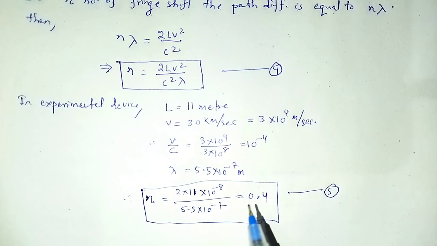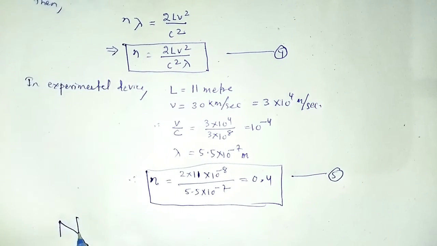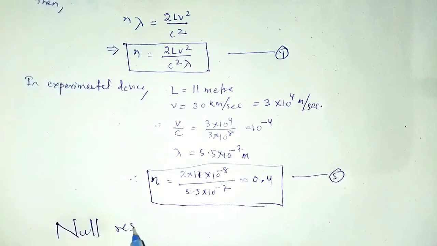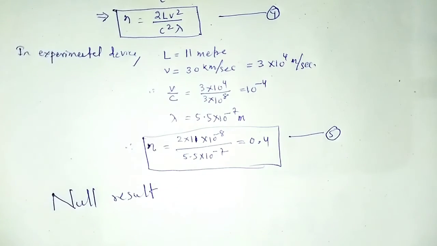But no fringe shift was observed, since the experiment was performed by day and night, from season to season throughout the year, but there was no fringe shift at all. This is called the null result.